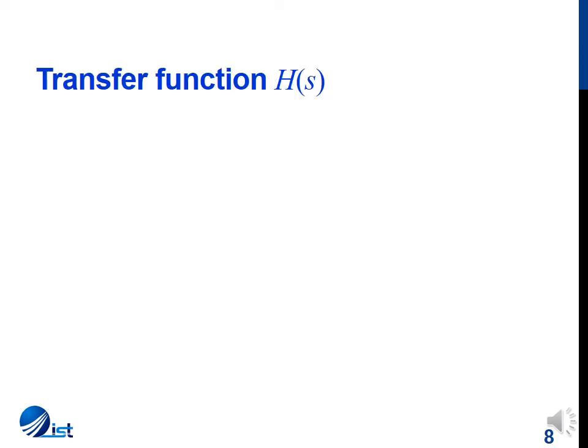The transfer function H of s is an important tool for analyzing certain properties of the LTI system. So if the transfer function is a rational function, the roots of the numerator will be termed as the zeros of the transfer function, and the roots of the denominator will be termed as the poles of the transfer function. The number of poles and zeros in a transfer function is always equal.